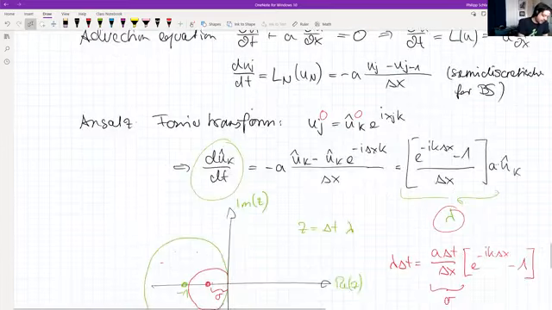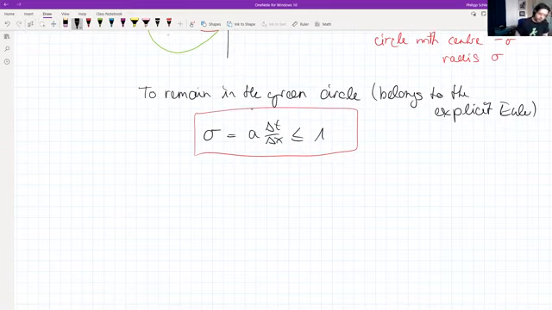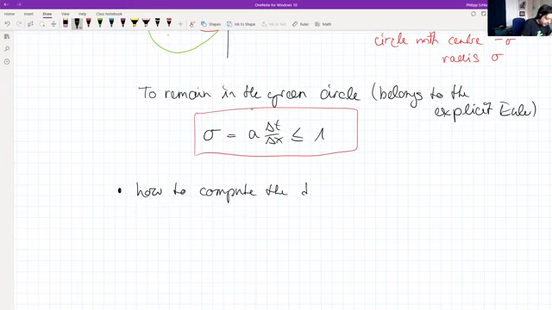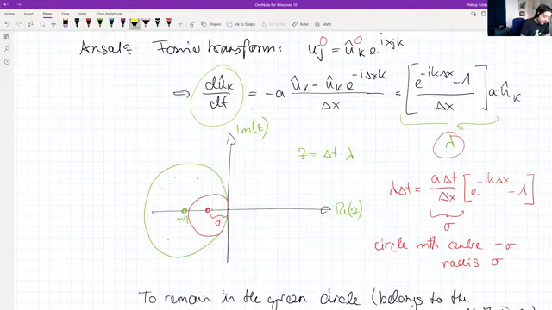Now, why is this actually interesting? There are two points that I would like to mention. So first of all, how to compute the lambda, or let's say the spatial operator that we have used here, namely this guy here.